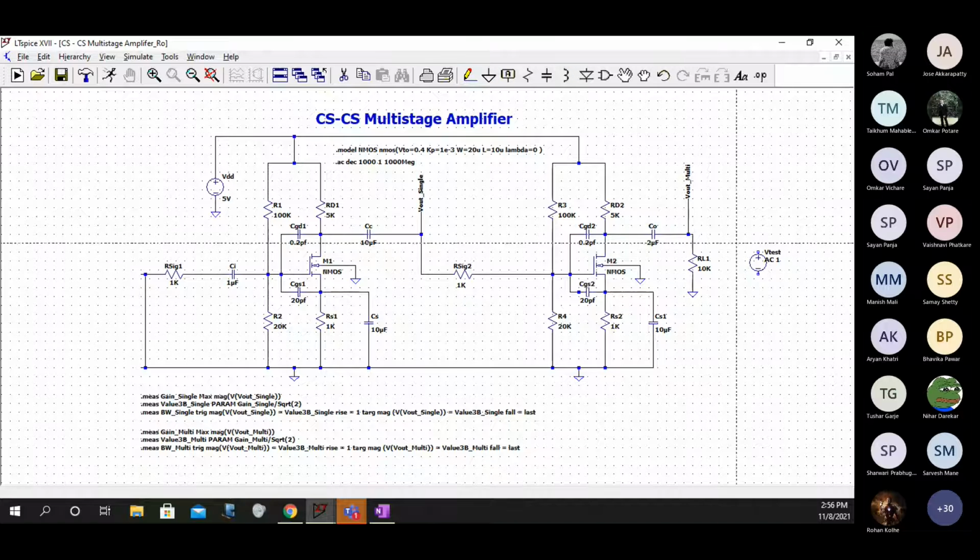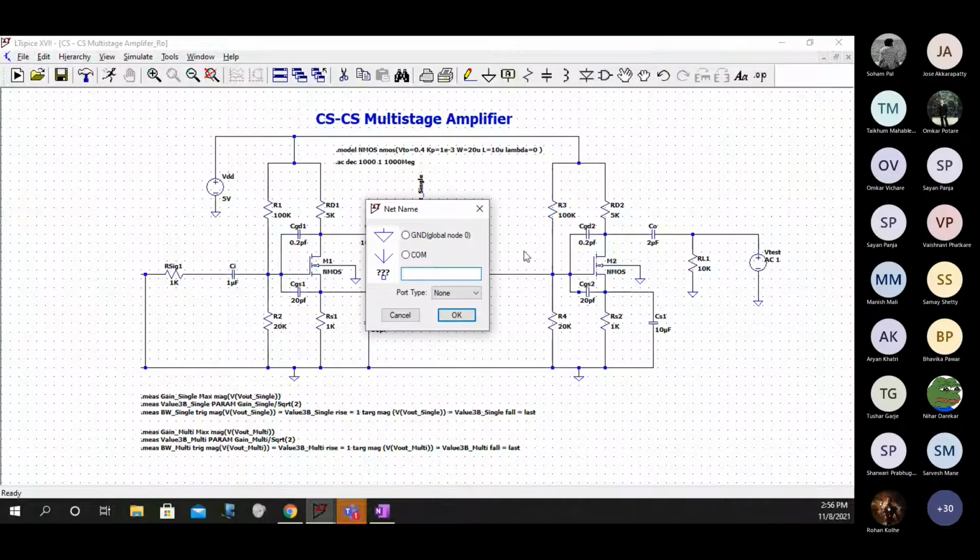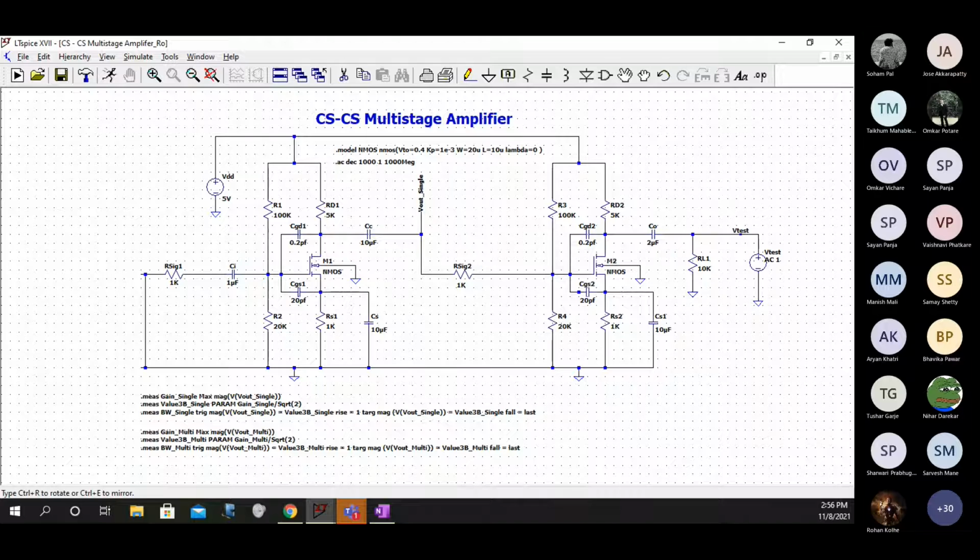And you can remove this Vout multi now, because you can't give two names to the same node. So we'll write a Vtest here.